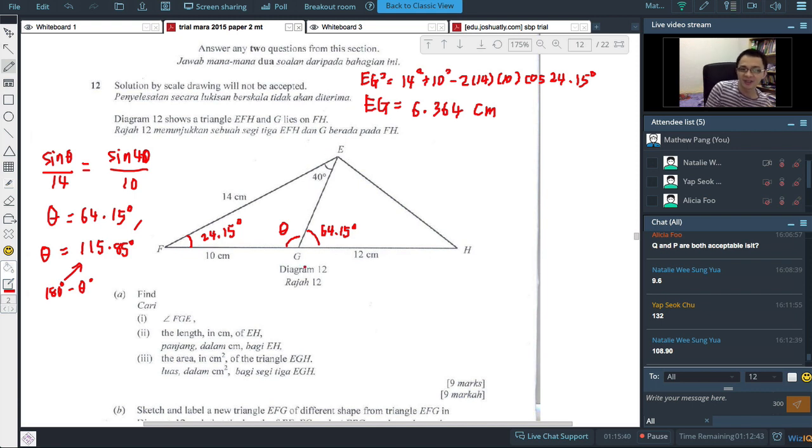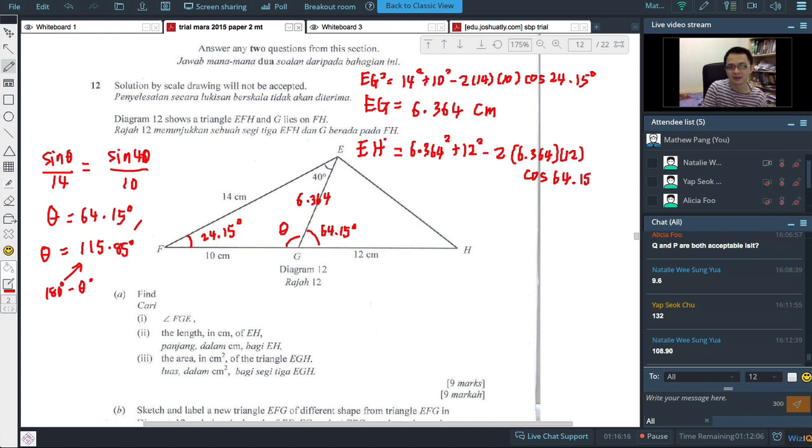So if I have EG ready, I can find EH using the cos rule again. 6.364. So for EH, it's two sides and one angle in between, right? So it will be 6.364 square plus 12 square minus 2 times 6.364 times 12 times cos 64.15.